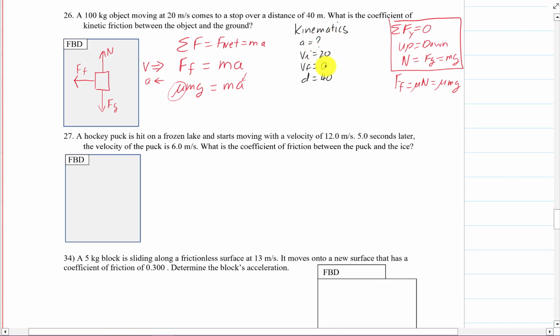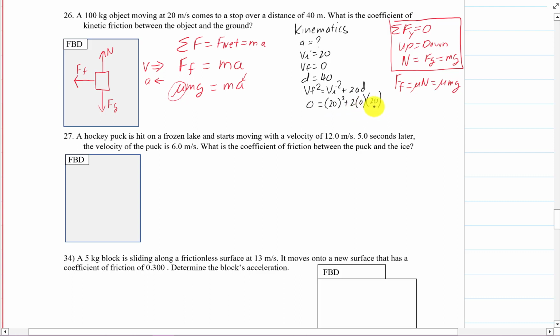Okay, so calculating this, we're going to use Vf squared is equal to Vi squared plus 2ad. 0 is equal to Vi squared. So that's 20 squared plus 2 times a, that's what we're trying to find out, and the distance is 40.